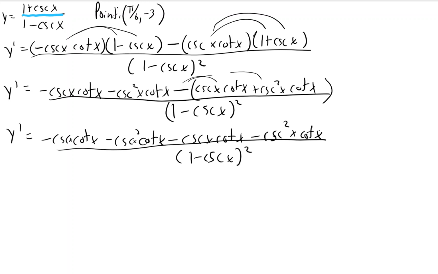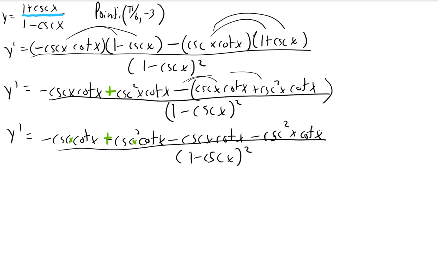Alright, so I had a couple little mistakes here. One typo was I really needed to say this was cosecant of x squared, so I need to add that in. And you may have noticed, hopefully you did, that this was a negative times a negative, so this should have been positive, and so now this is positive.